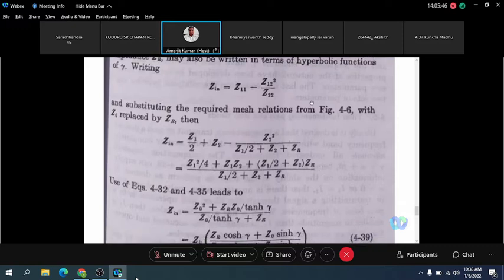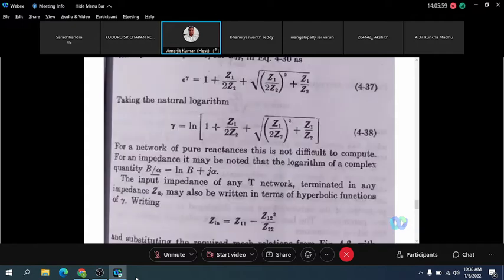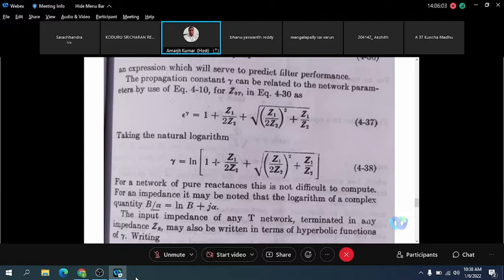So now you solve the equation we have written. I told you we want to calculate Zin in terms of Z0, propagation constant and ZR. All this you have done already: gamma in terms of Z1 and Z2, and you also know Z0 in terms of Z1, Z2.